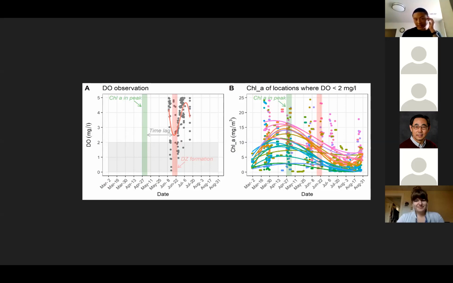So I played with the data. As you can see here, the red bar in figure 8 indicates that low dissolved oxygen was detected on this date, for example, roughly June 22.